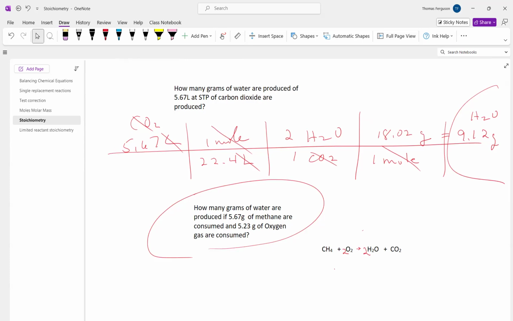5 bicycles. 10 frames, 10 wheels. Why not 10 bicycles? Don't have enough wheels, right? So what's limiting the amount of bicycles I'm making? Wheels or frames? Wheels. So the wheels are the limiting reactant, because they produce the least amount of product.